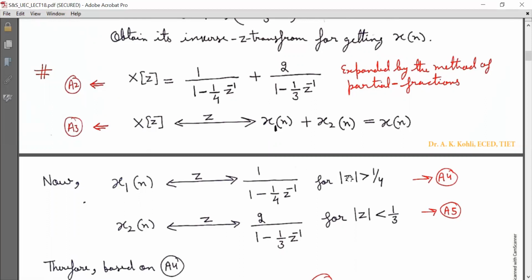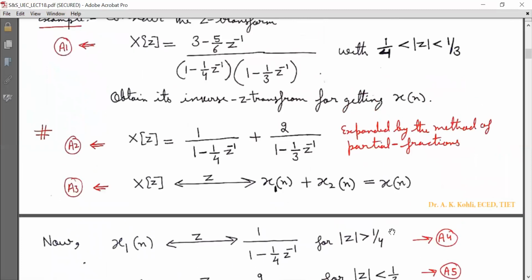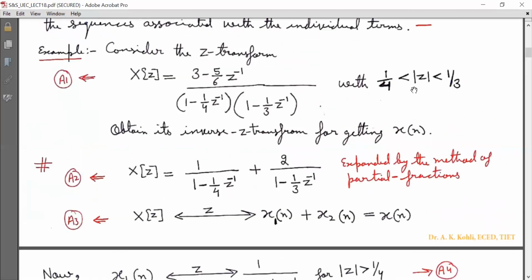And x2[n] has Z transform 2 by 1 minus 1/3 z inverse, and the corresponding ROC for X2(z) is magnitude z less than 1/3. That is determined based on the ROC given in the question, that X(z) has ROC magnitude z lying between 1/4 and 1/3.